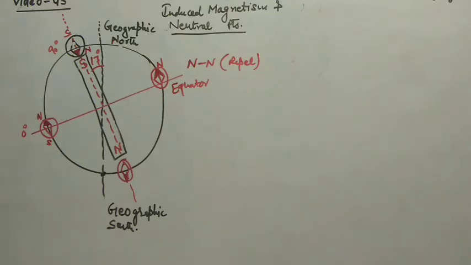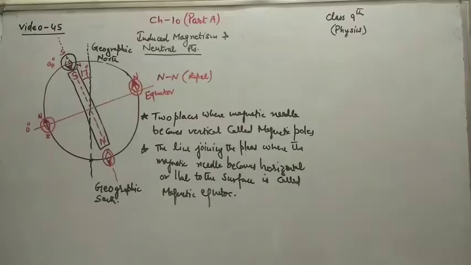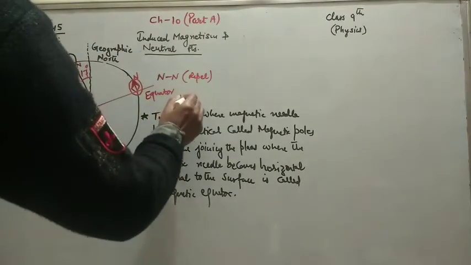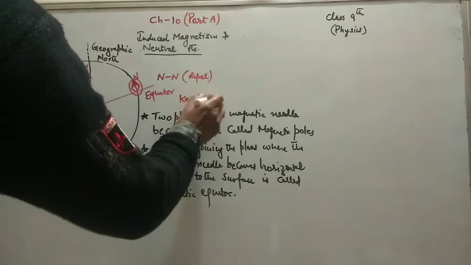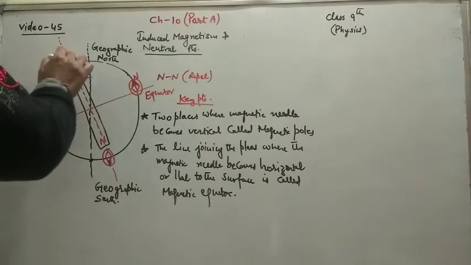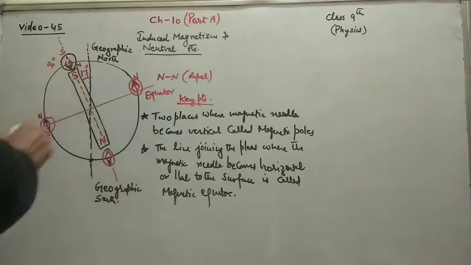So the two places where the magnetic needle becomes vertical are called magnetic poles. These are the two key points: two places where the magnetic needle becomes vertical. So this is the north pole and this is the south pole.